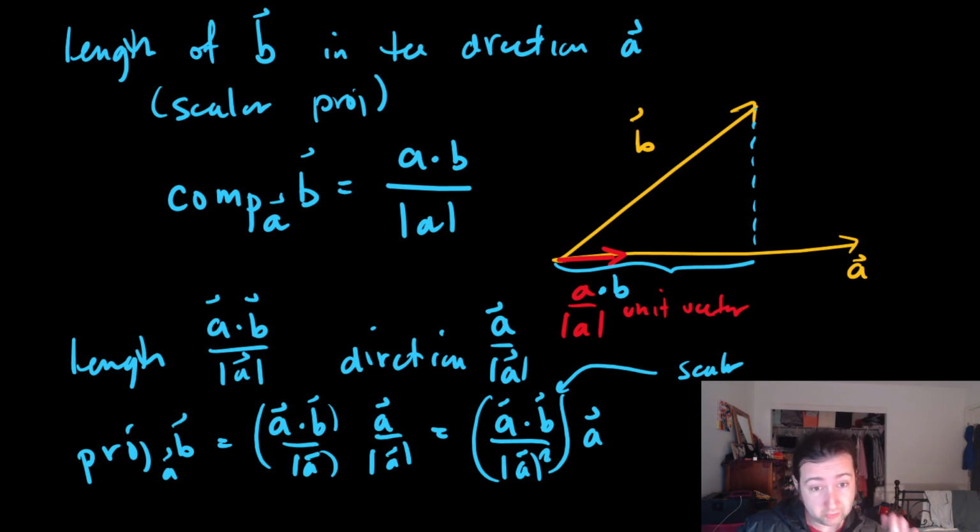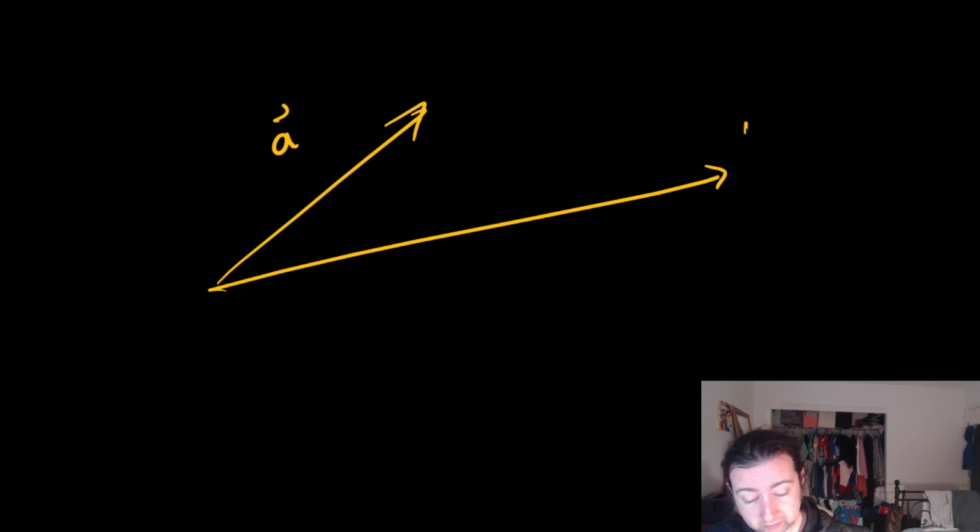So the picture I want you to have in your head is that if you have an A and you have a B and you want to get down here where you're looking at this vector right here, let me erase this and reverse it so that we're doing the same direction that the theorem did.